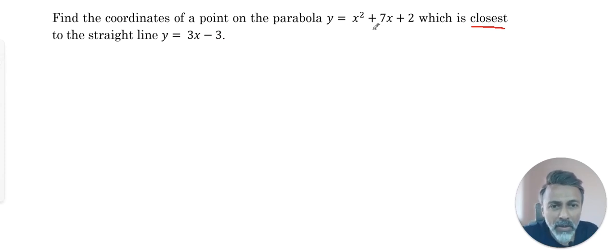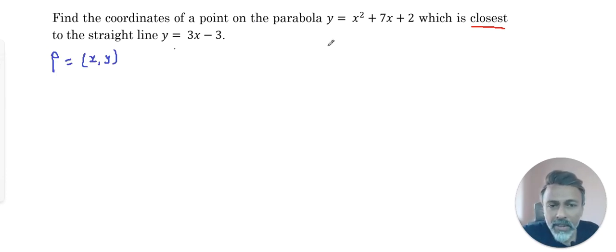This time drawing the parabola could be slightly complicated. Earlier it was a standard parabola type thing. Instead of drawing, let's directly understand that we want to find the coordinates of a point on the parabola. So let the point be P(x, y) on the parabola.